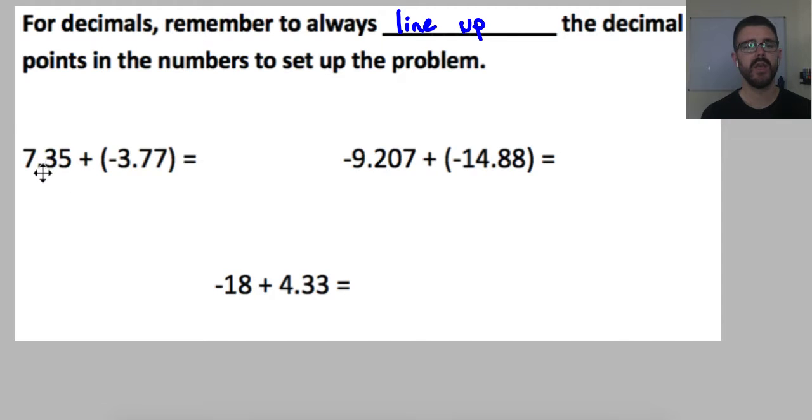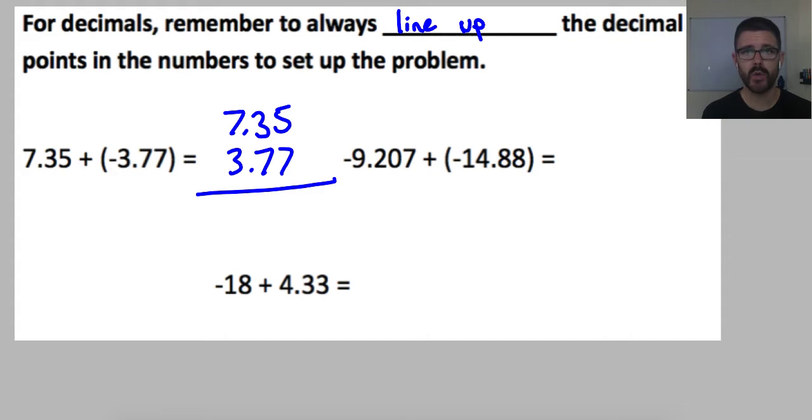So for instance here, 7.35 plus negative 3.77. They have different signs, so we know we have to subtract. We always put the larger number on top. In this case, the 7.35 is larger than 3.77. You line up that decimal point, and then you go ahead and subtract. You may be a little rusty with your borrowing.